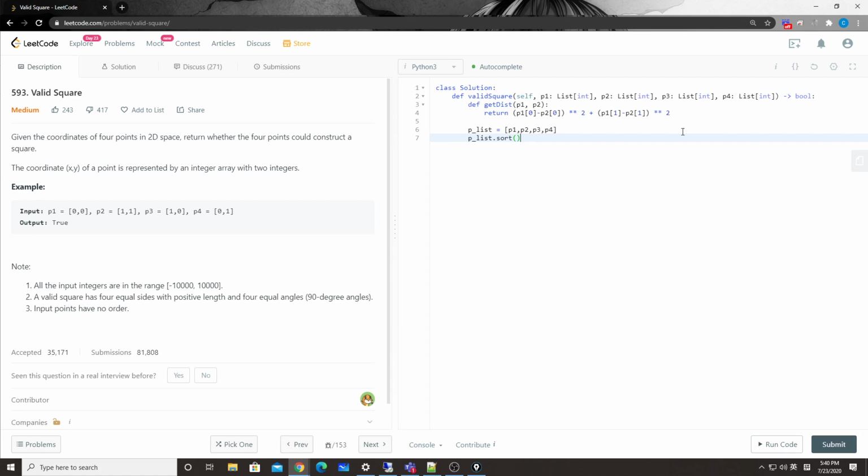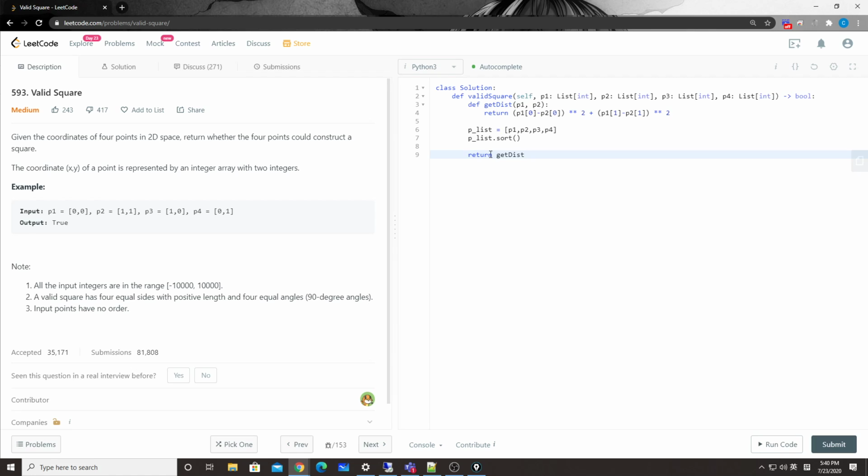Because we don't need any key or lambda function here, since we want to sort by x first and then y, and that happens to be the default sorting. And now we have that sequence.